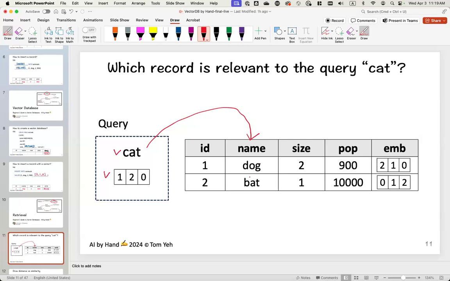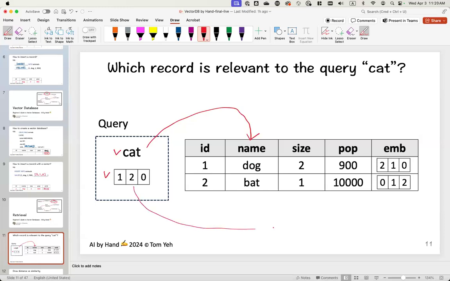You probably will say bat, because bat and cat only differ by 1 letter, and B and C differ by just 1 character in the alphabetic sequence. So you would probably retrieve this, but that's not what we want. What we want is to retrieve dog, because in my mind they are both pets, they are about the same size, they're both cute, so they are more similar than cat and bat.